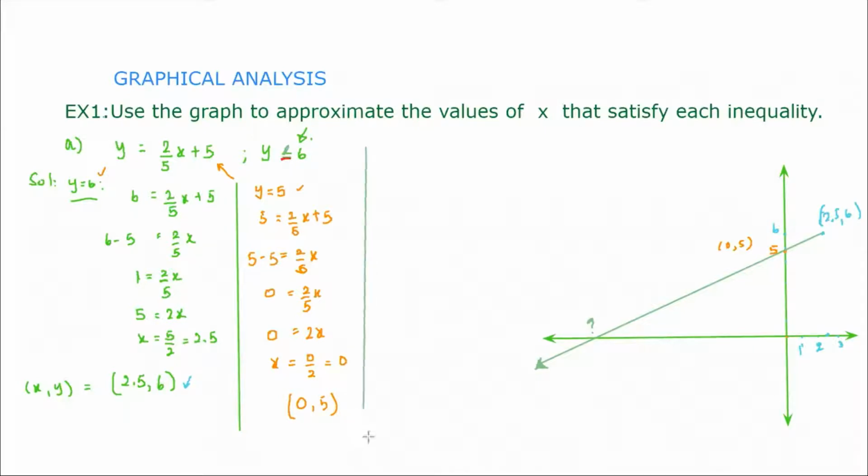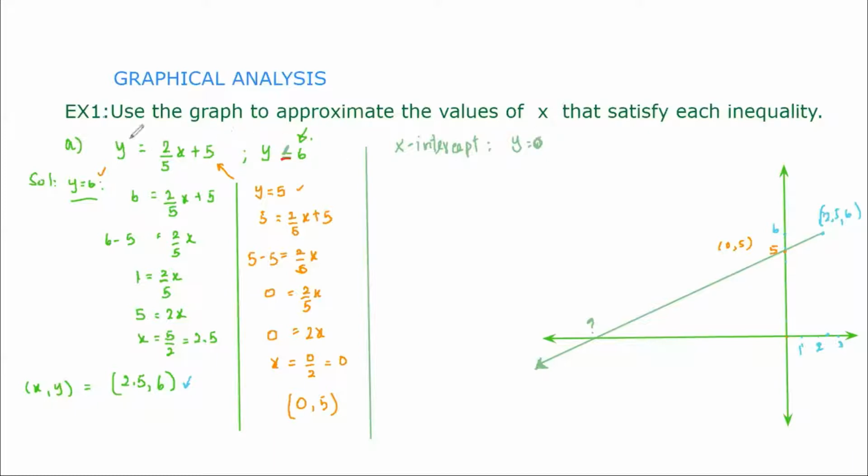Okay, so now we find the x-intercept. That means our y has to be 0.